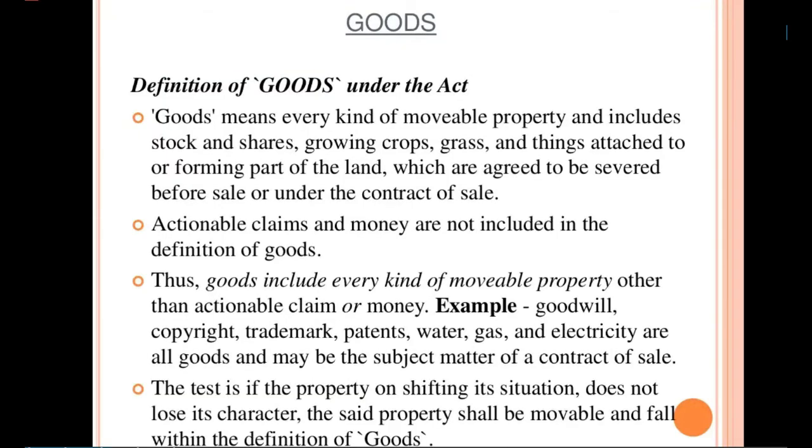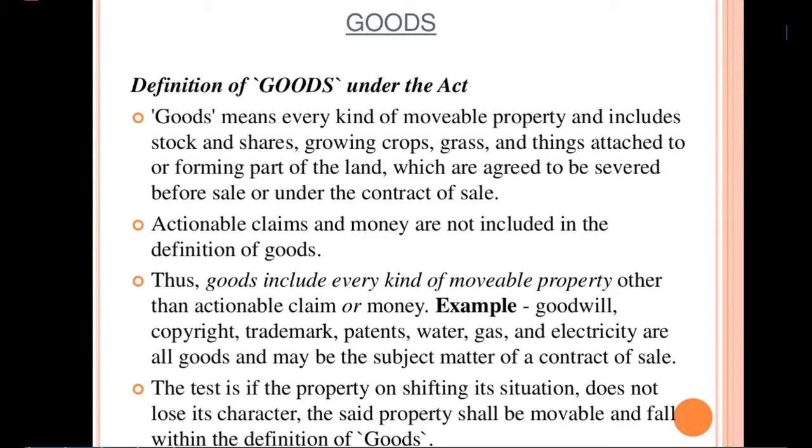The definition of goods under this act. Goods means every kind of movable property and includes stock, shares, growing crops, grass, and things attached to or forming part of the land, which are agreed to be severed before sale or under the contract of sale. Actionable claims and money are not included in the definition of goods.